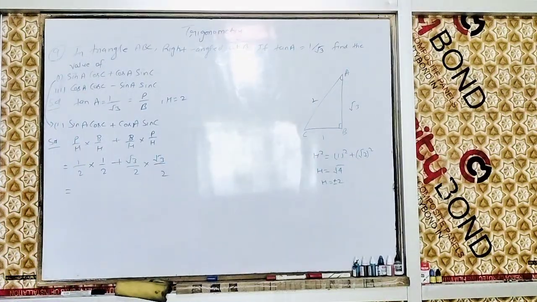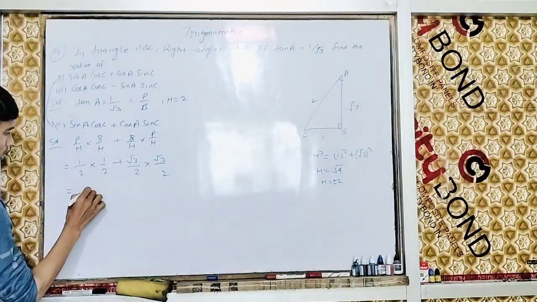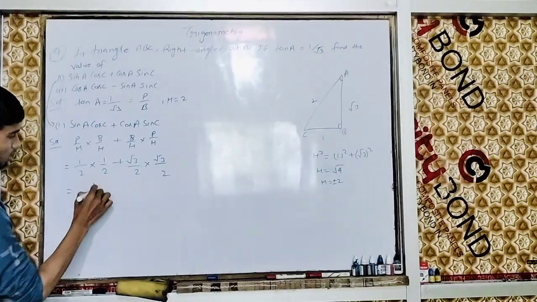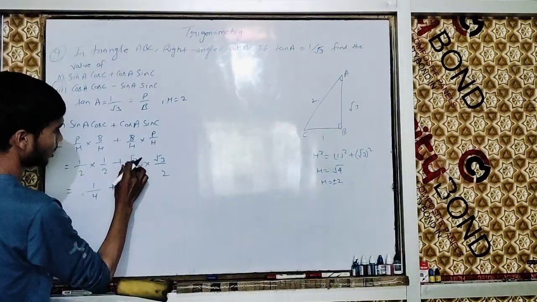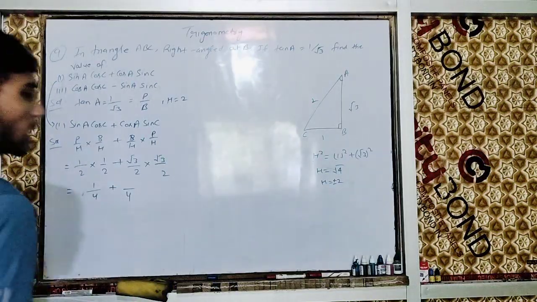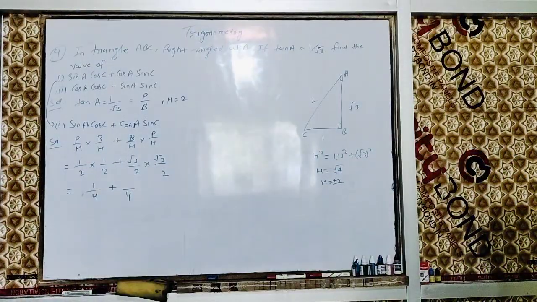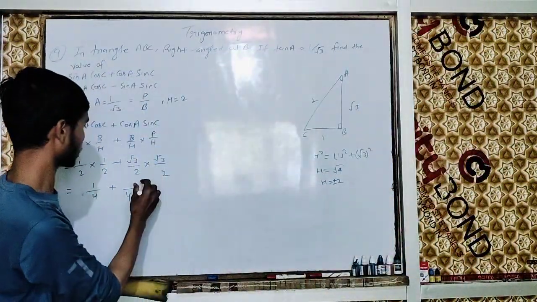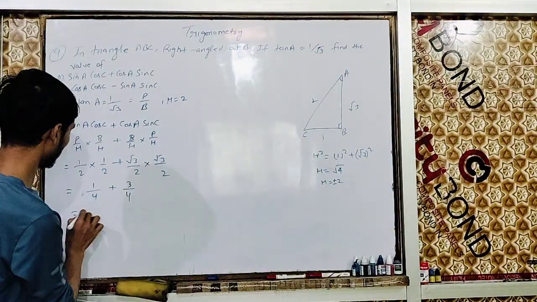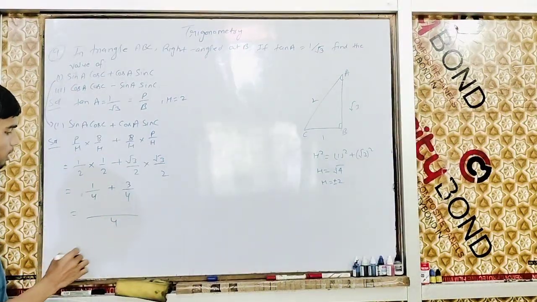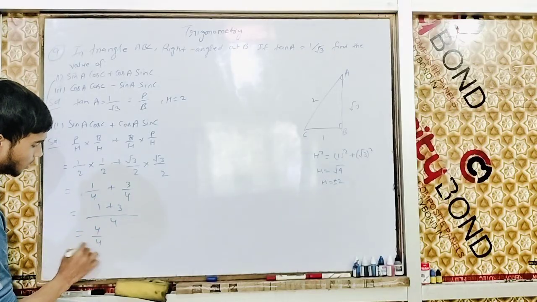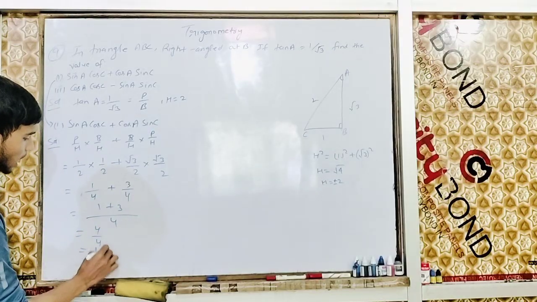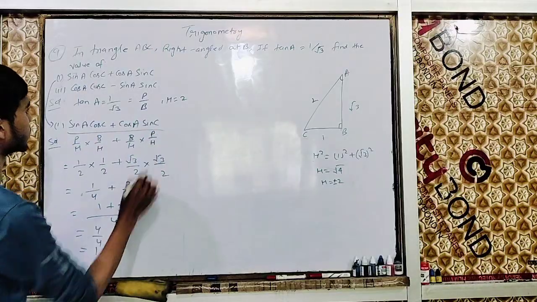Now let's simplify this. Here this will become 1 upon 4, and 3 upon 4. It is addition, so 1 plus 3 is 4, and 4 upon 4 is 1.